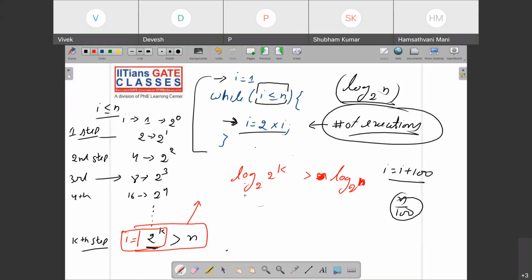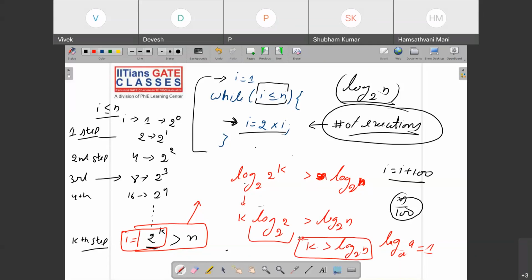Now this will become k log 2, and everybody knows that log a base a is equal to 1. So k is greater than log 2n.